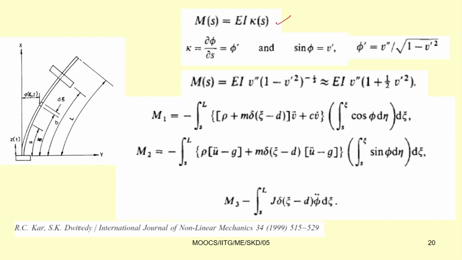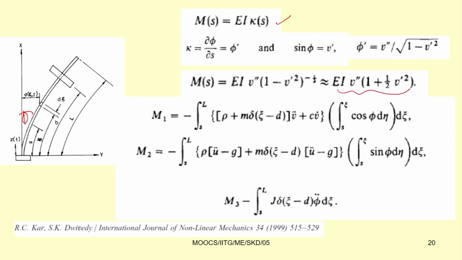This angle we have taken as phi, and sin phi equals v dash. So, phi dash equals v double dash by root over 1 minus v dash square, and by taking that term to the numerator and expanding using the binomial theorem, we write this as EI v double dash into 1 plus half v dash square.